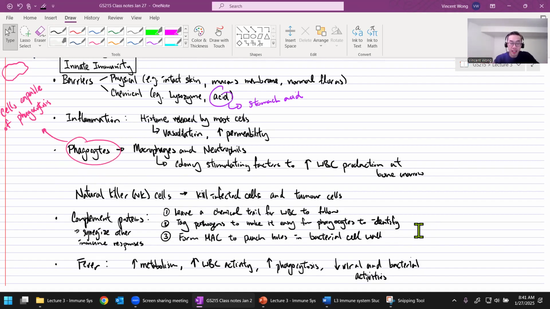They're not tailored to a particular kind of pathogen. It's just like a blanket protection against a wide range of harmful things. For the most part, they're okay. The innate immunity does a good job keeping us from getting sick, but every now and then it fails.